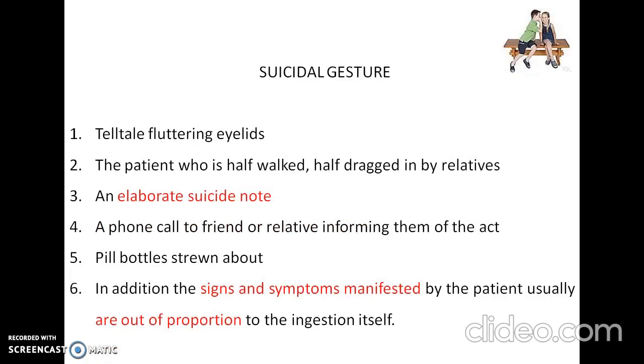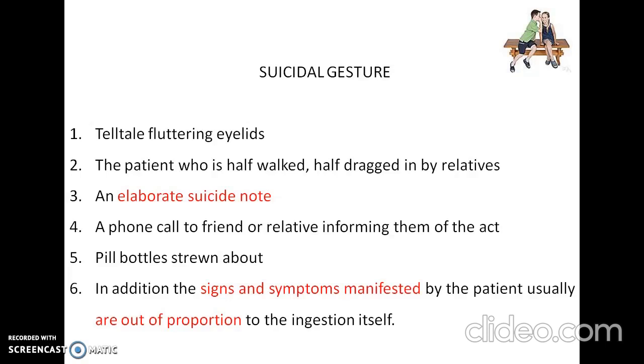If a person is making a suicidal gesture, there are several points I have listed here. Telltale fluttering eyelids will be observed. By observing this, we can confirm the patient is not in real coma and is awake. The patient may be half walked, half dragged by relatives, and an elaborate suicide note might be written before the attempt.